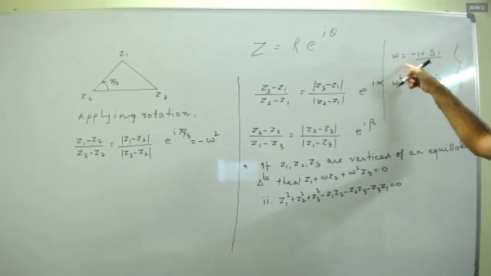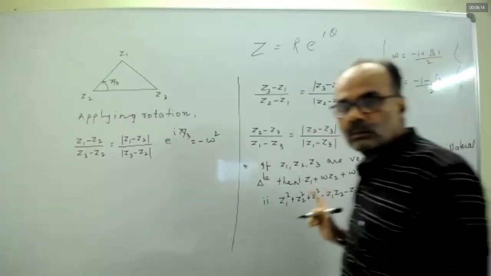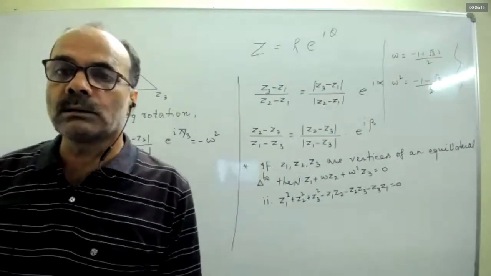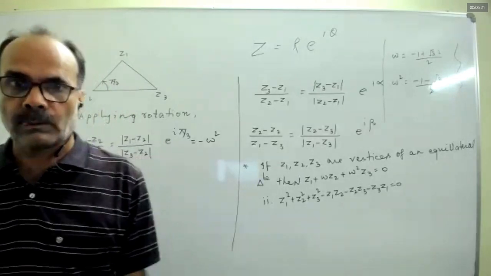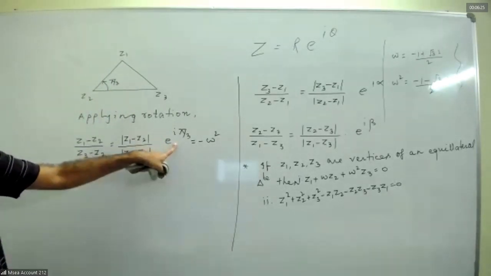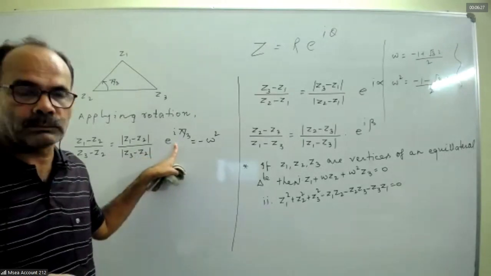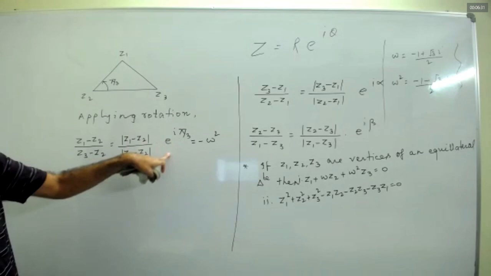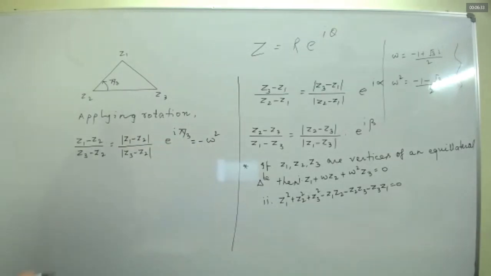Omega is the cube root of unity, the cube root of 1. So cos pi by 3 plus i sin pi by 3, with cos pi by 3 being 1 by 2 and sin pi by 3 being root 3 by 2, gives 1 plus root 3i by 2, which is nothing but minus omega square.